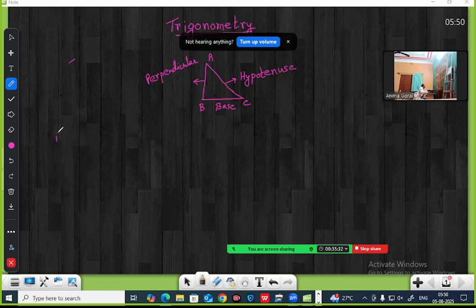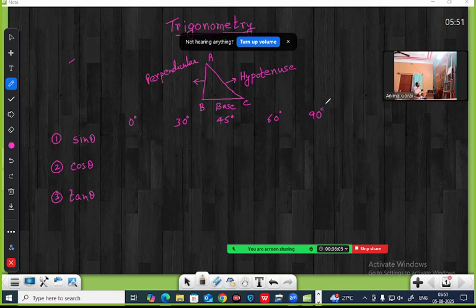Now we will find the value of sin theta, cos theta and tan theta. We will find the value at 0 degree, 30 degree, 45 degree, 60 degree and 90 degree.